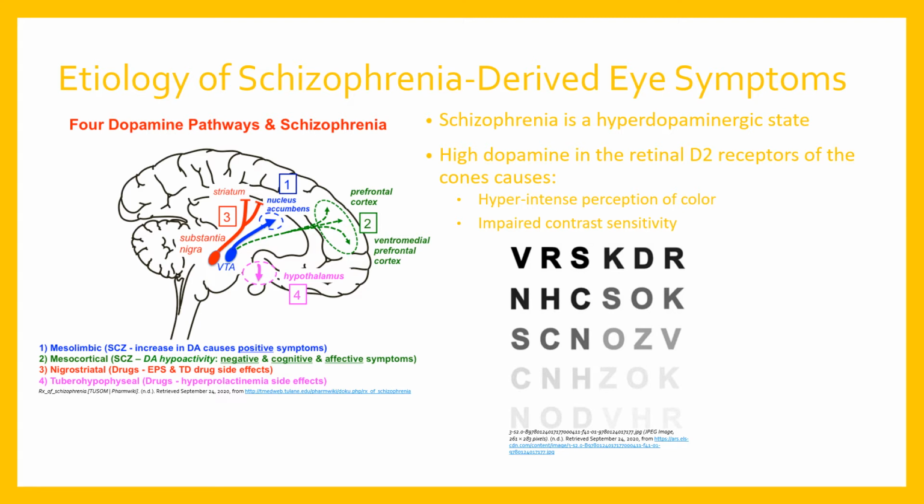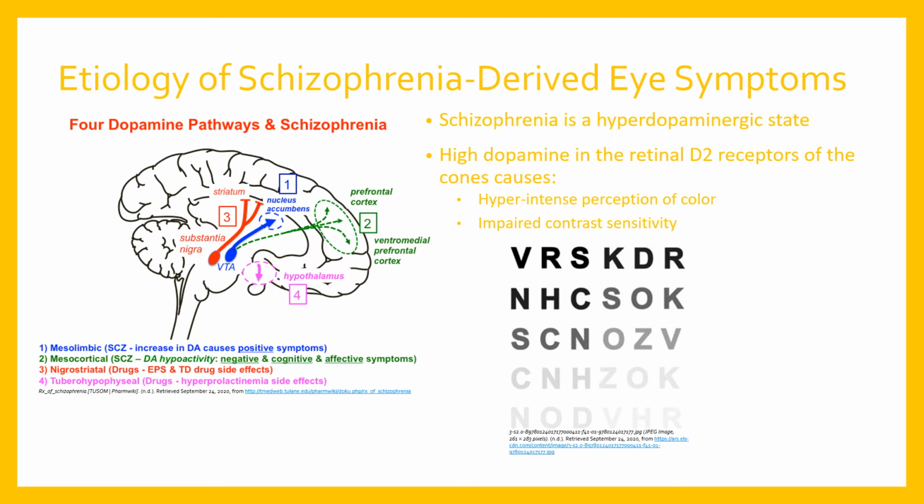And when there is a high level of dopamine, there are four dopamine-specific pathways in the brain. In schizophrenia, the mesolimbic pathway is elevated, saturated with dopamine, and causes positive symptoms.